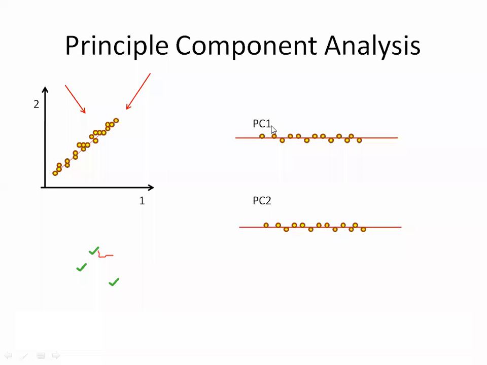Suppose principal components 1 and 2 are dependent on each other. Then these two are not different, they are a single principal component only. So the rule says we have to define the principal components as independent, and the first rule is that the number of principal components must be less than or equal to the number of dimensions.